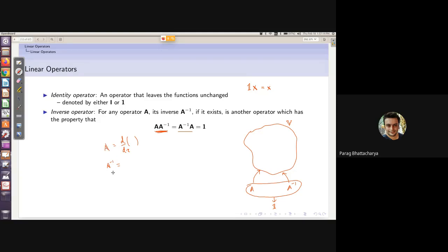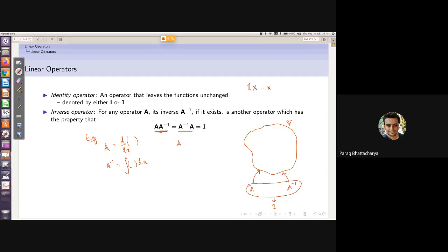Then what will be the operator inverse A inverse? This will be nothing but the integral. This is an example. So when you combine A and A inverse, you will get the identity, because differentiation and integration cancel each other out.